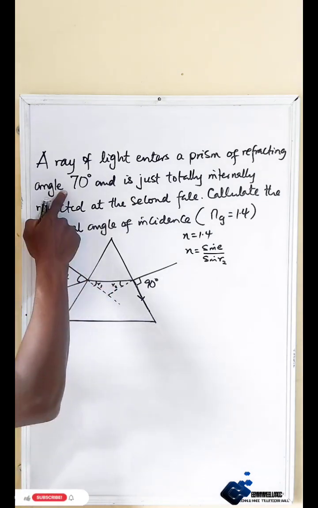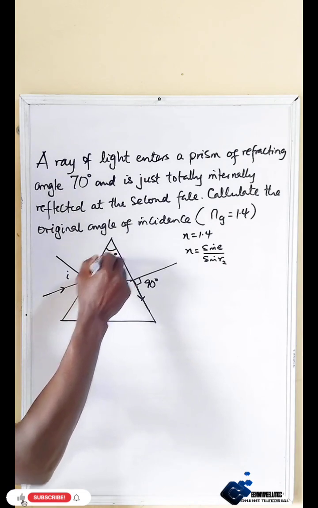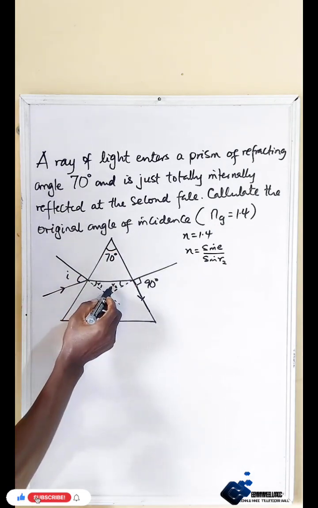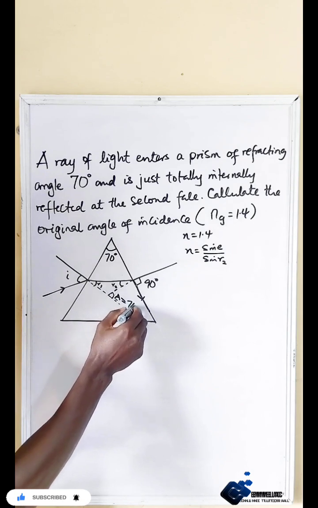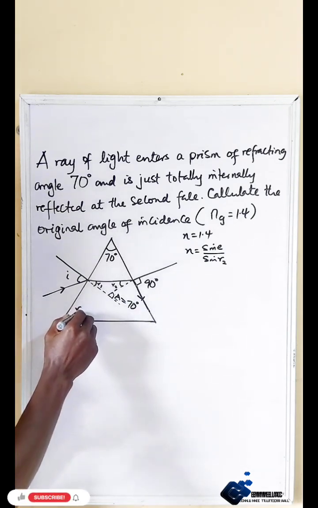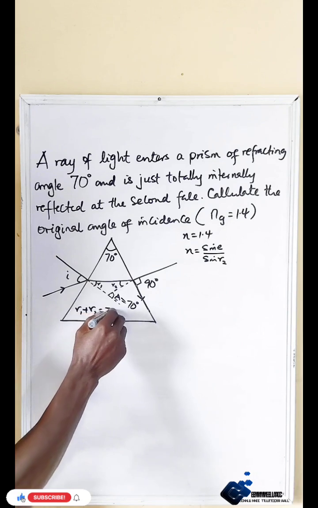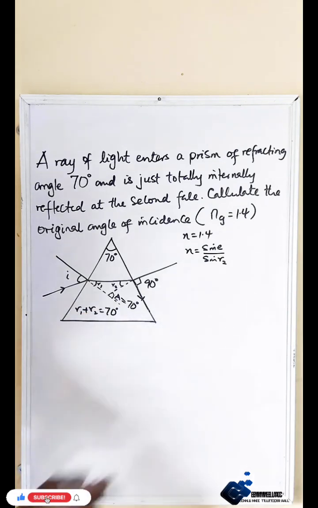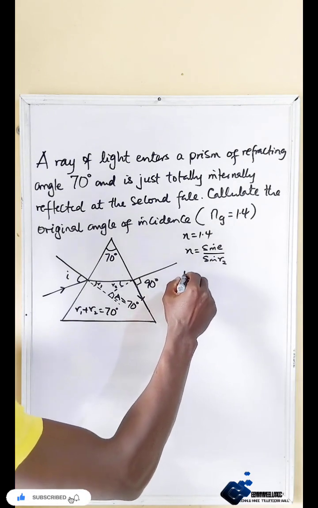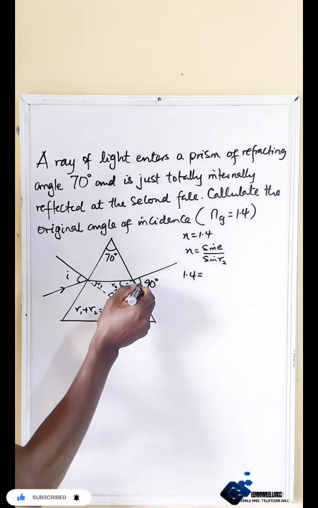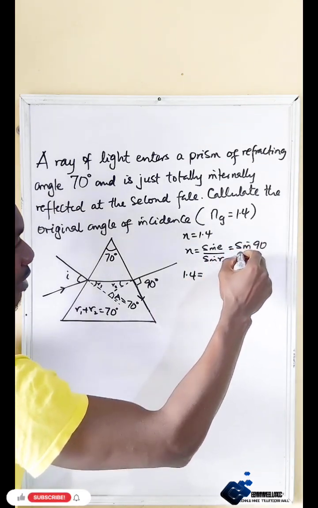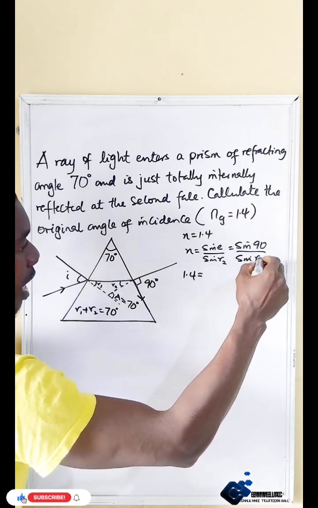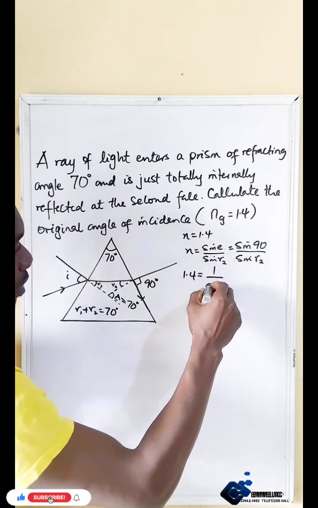Take note that the refracting angle of the prism is 70, and R1 plus R2 is A, and our A is given as 70 from the question. So R1 plus R2 equals 70. Let us keep note of this. Now from here we have 1.4 equals sine 90 all over sine R2, which is 1 all over sine R2.